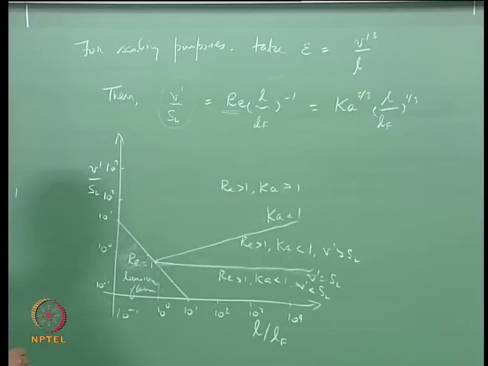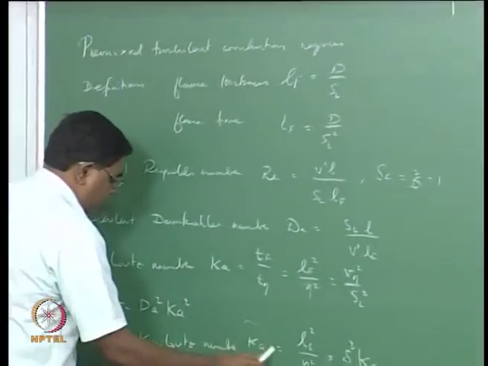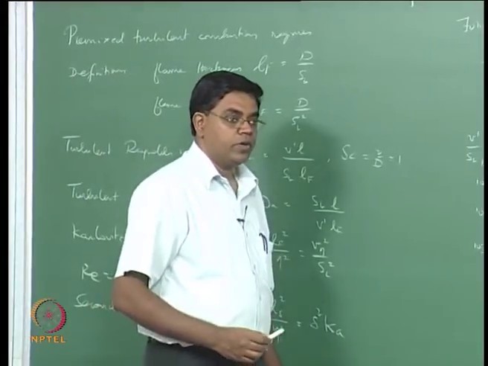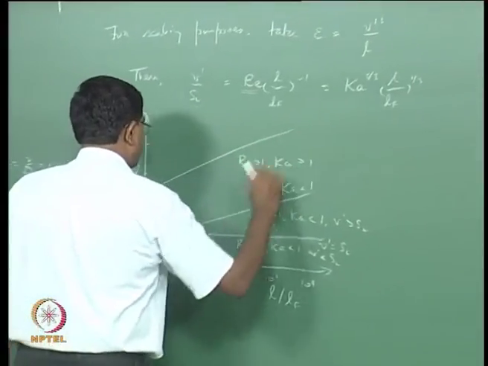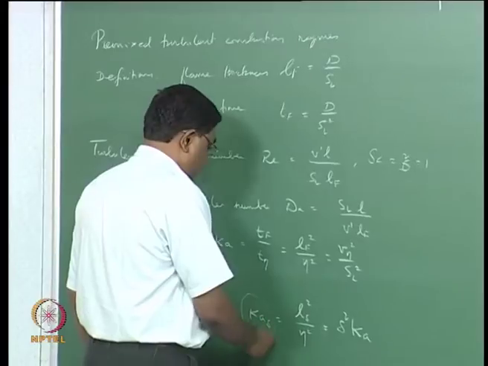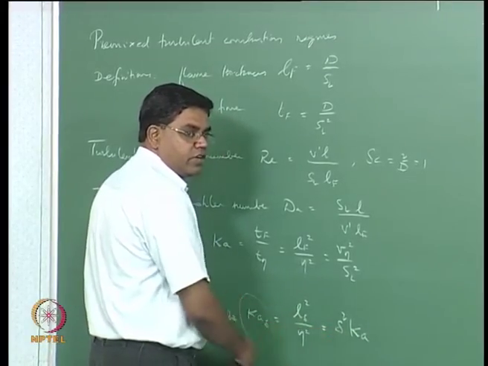And finally we want to look at the situation where the second Karlovitz number is greater than 1, right? So we now have a boundary that goes the same way, because the Karlovitz number is basically delta squared times Karlovitz, so they are directly related.